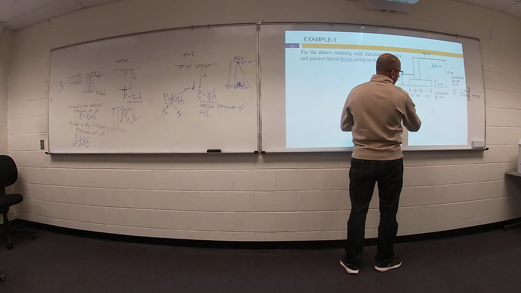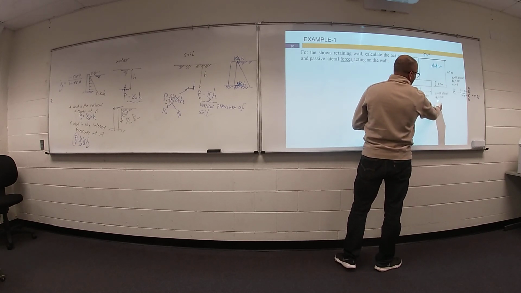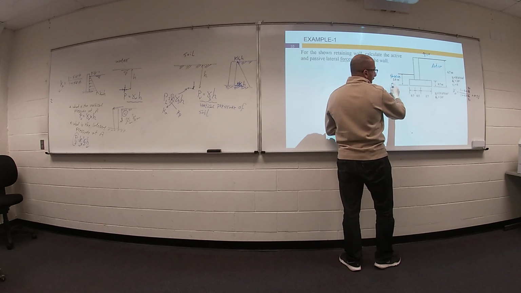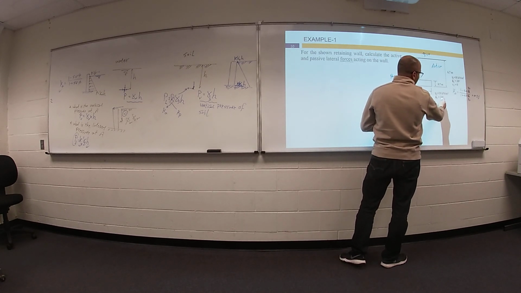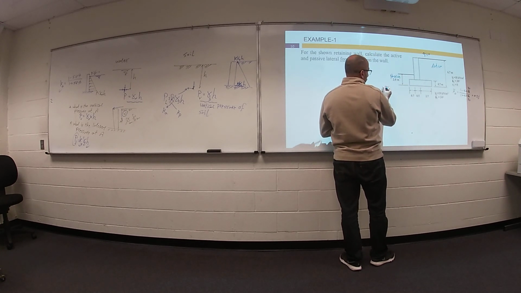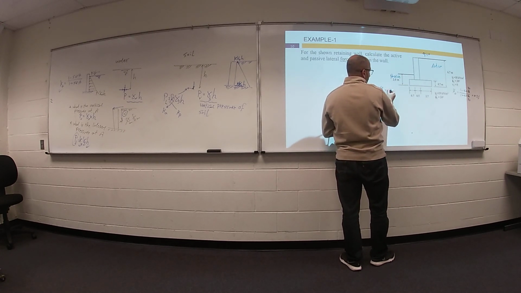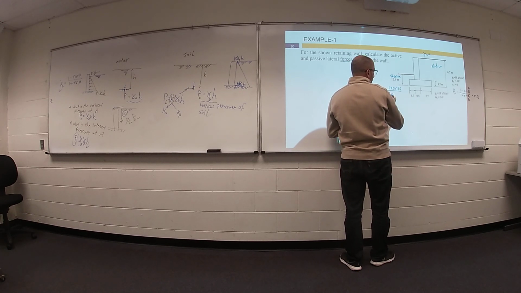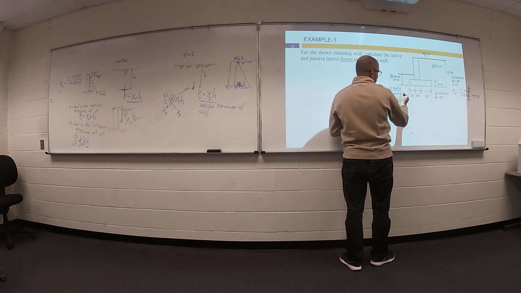This soil and this soil are the same. As you see here, this soil on the passive side will be the same. Gamma equals 19 and phi equals 24. So your K passive equals 1 plus sine 24 divided by 1 minus sine 24.